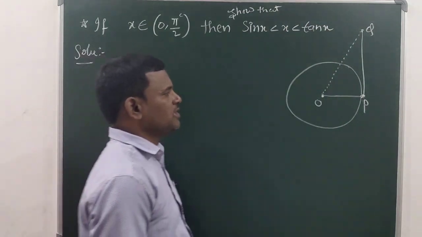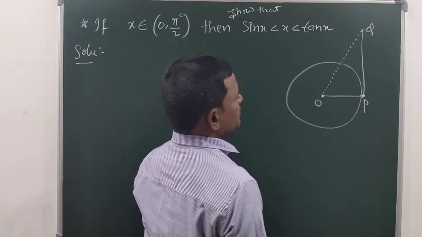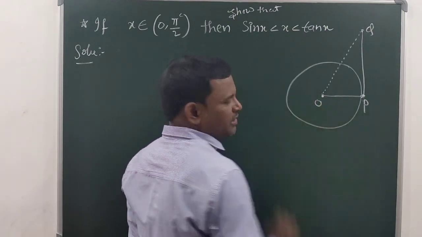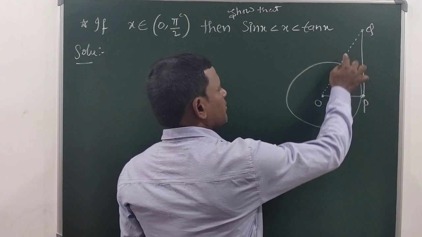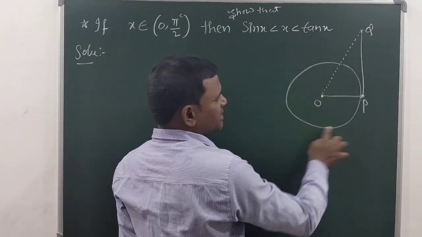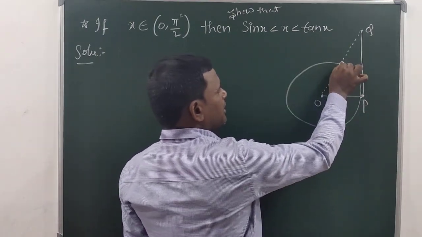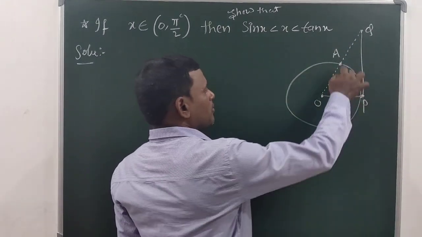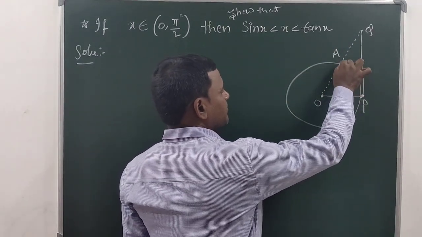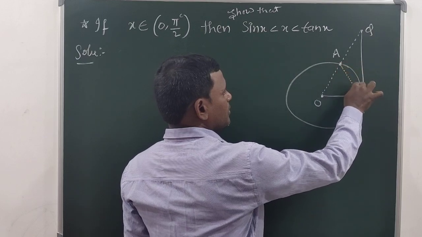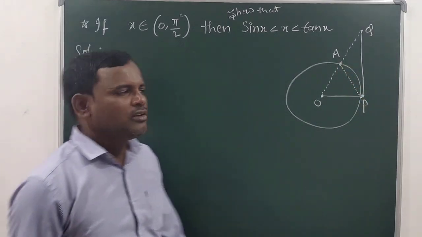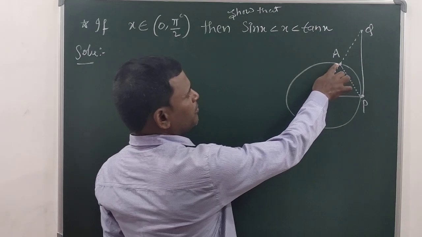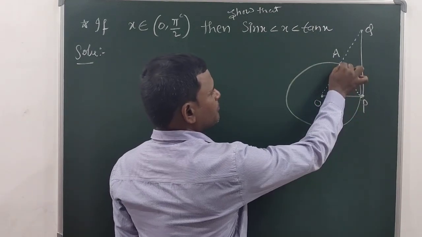Okay, students. Right. Now see, OP is radius of circle. Now here this OQ is intersecting this circle at a point. Let us say this point be A. Now connect A and P. Okay. So now drop a perpendicular from A to OP.